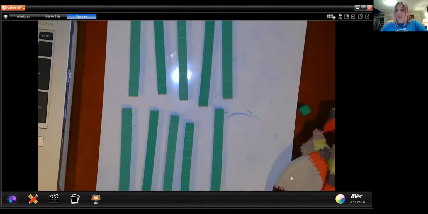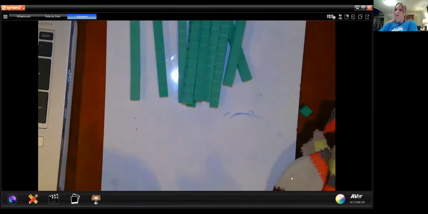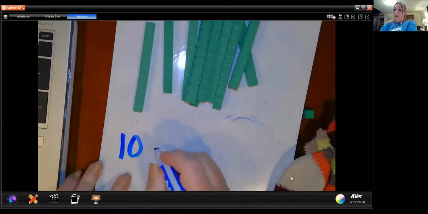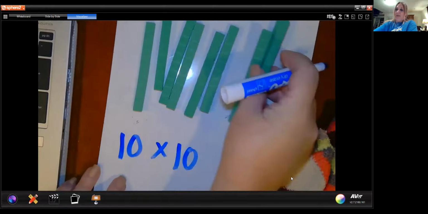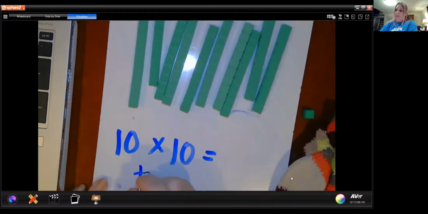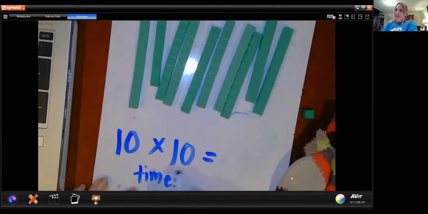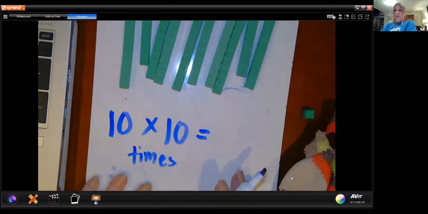But let's prove it using an equation. So we have a 10 piece here, and we're multiplying it times 10 because we have 10 all together. So 10 piece times 10 all together, how many pieces would we have?